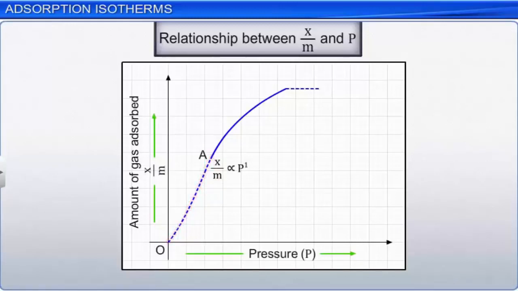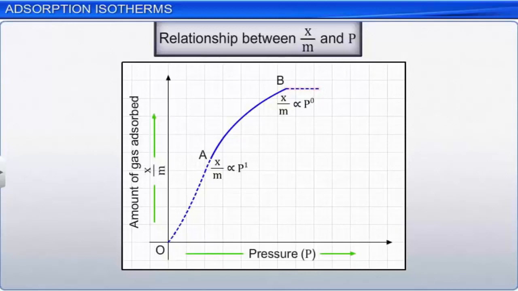Observe the curve beyond point B, that is, at a very high pressure. At a very high pressure, x/m is independent of the value of p. This is represented as x/m is proportional to p^0.